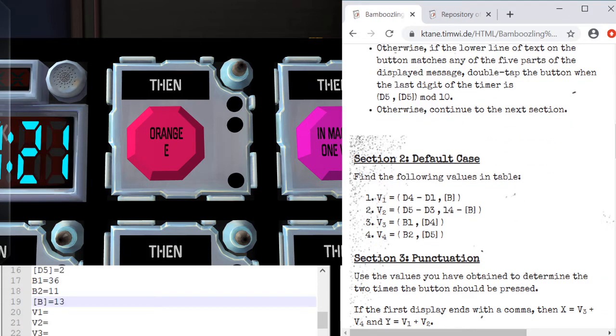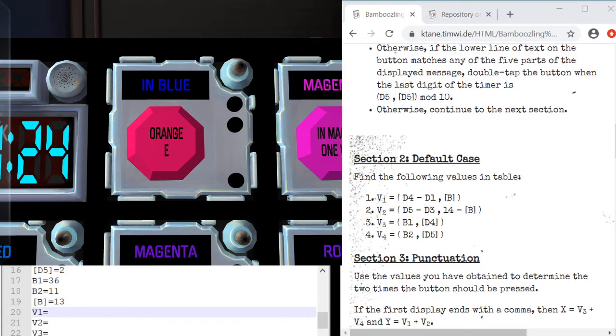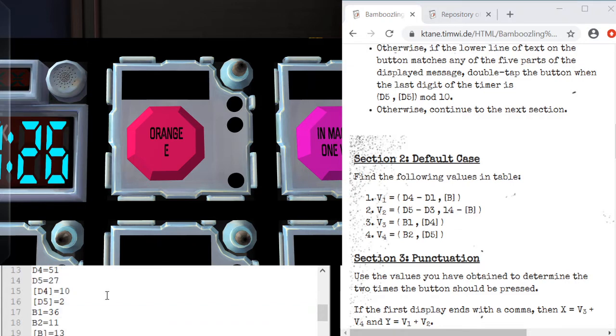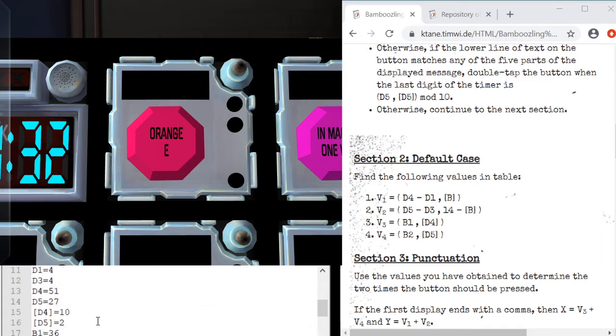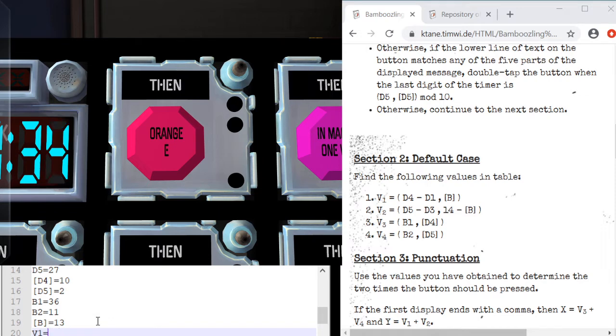So we have 4 values to get, V1 through V4. V1 is D4 minus D1, which is 51 minus 4, which is 47, comma, B, which is 13.